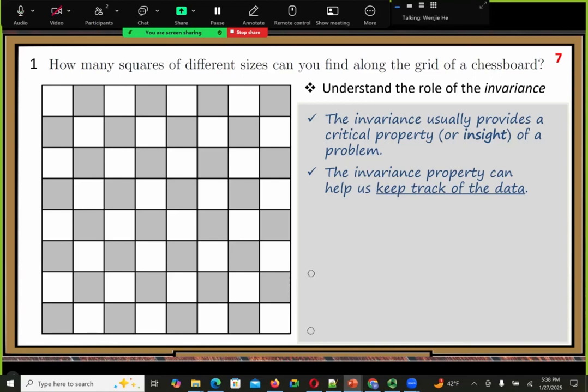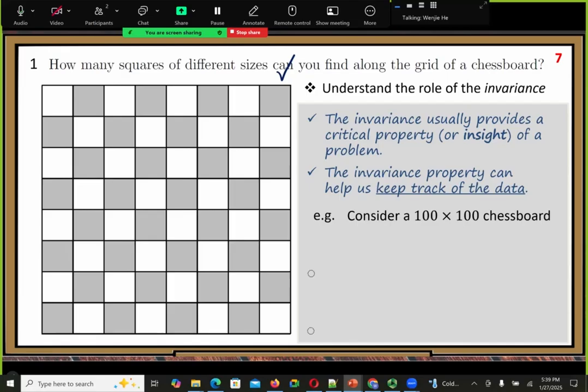Let me give you one simple example to understand this point. Let's consider a generalized chessboard, 100 by 100. We can use the same way of drawing the standard chessboard, but we extend it to 100 by 100.